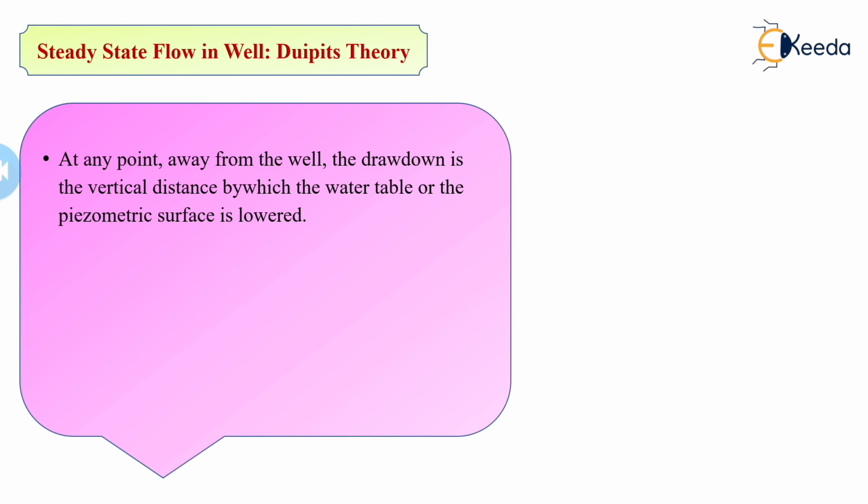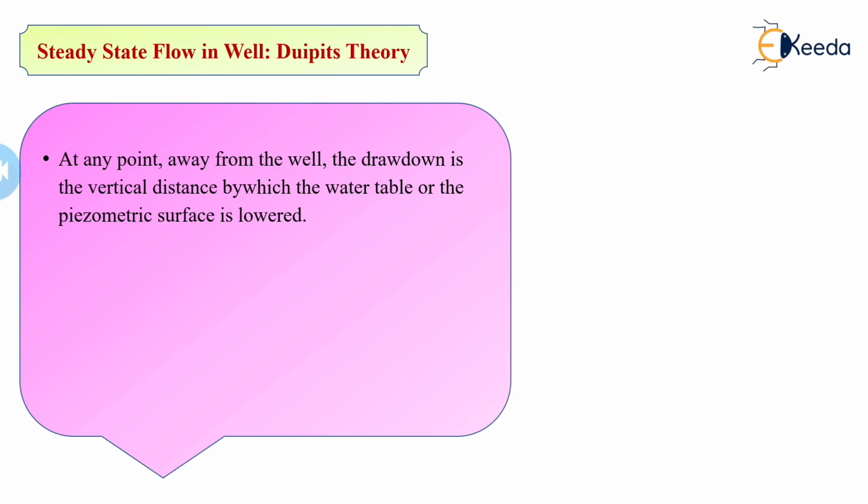Once the water is extracted, away from the well the cone of depression is no longer present at the level of the water table.